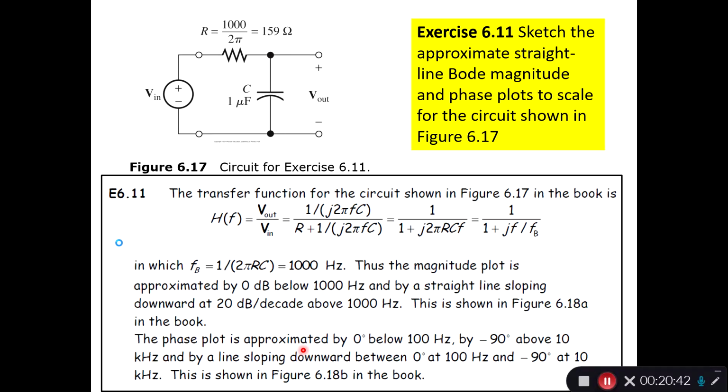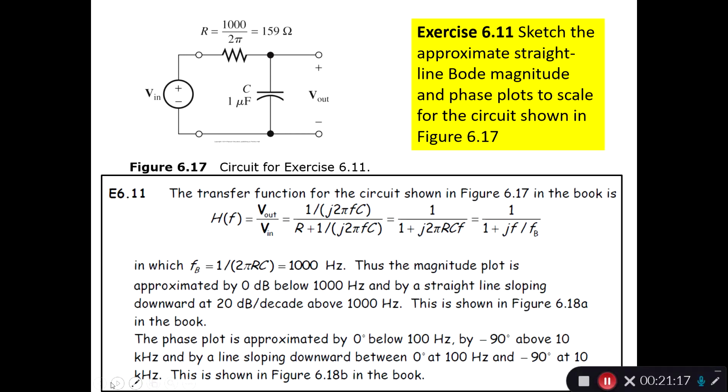And the phase plot is also approximated by 0 below the break frequency divided by 10, so that's 100 Hertz. And above 10 times the break frequency, here we have 1000 Hertz, that's the break frequency. So at 10 kilohertz, we have minus 90 degrees. But remember, at the break frequency, we have minus 45, so it goes through this point.